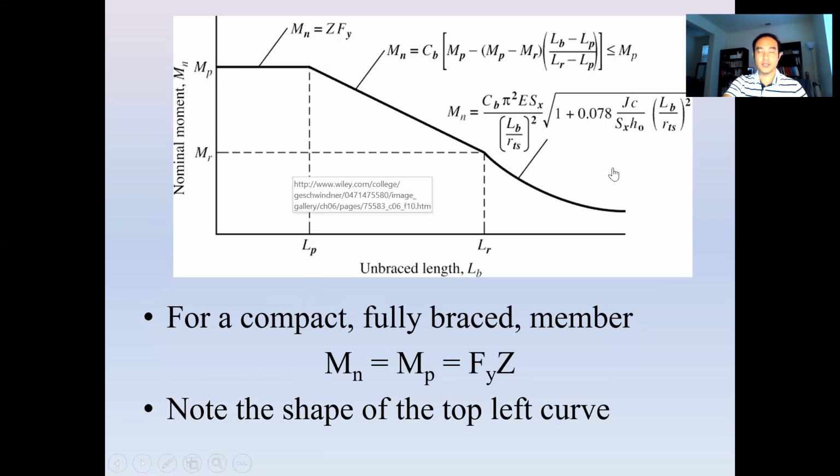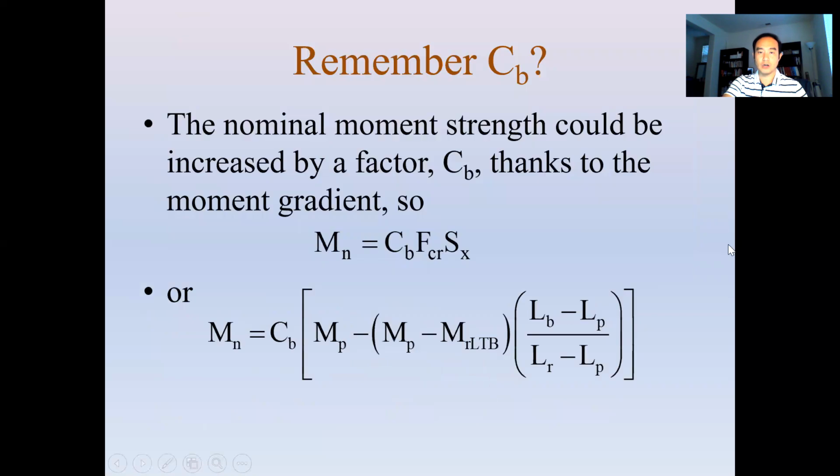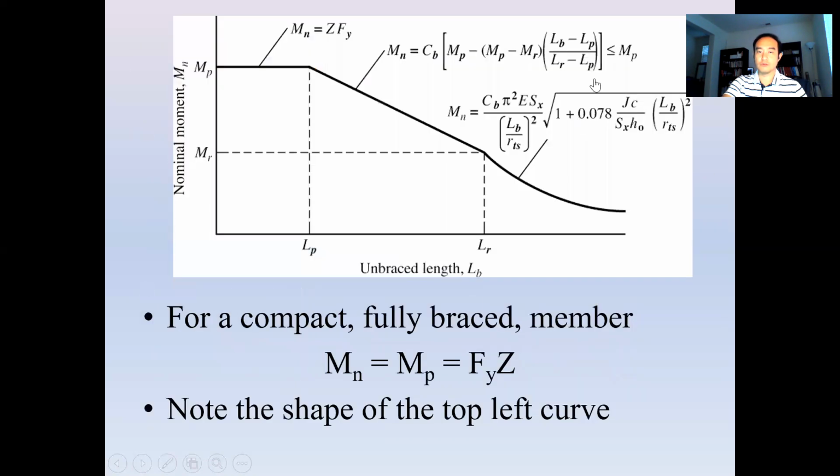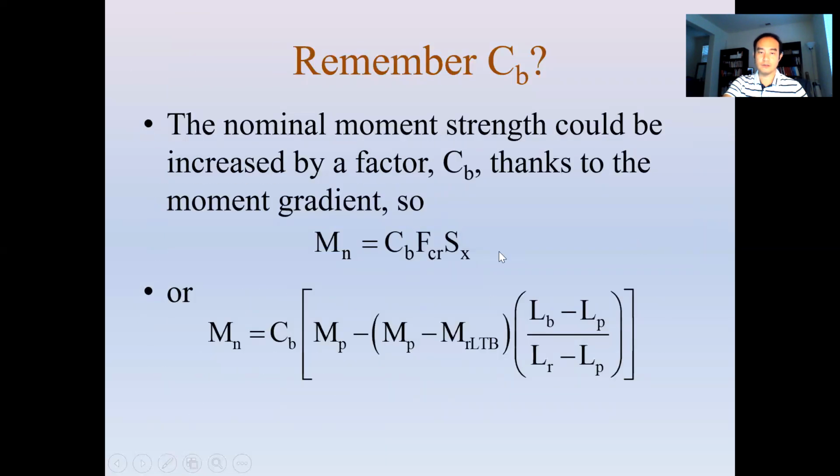The equation for the elastic lateral torsional buckling was simplified as F sub CR times S sub X. S sub X is here, and everything except C sub B and S sub X is called F sub CR. So C sub B times F sub CR times S sub X looks like a simple equation, but it is equivalent to this, and I said we're not going to talk about this in this class. Even in the inelastic lateral torsional buckling region, we still have the C sub B factor.